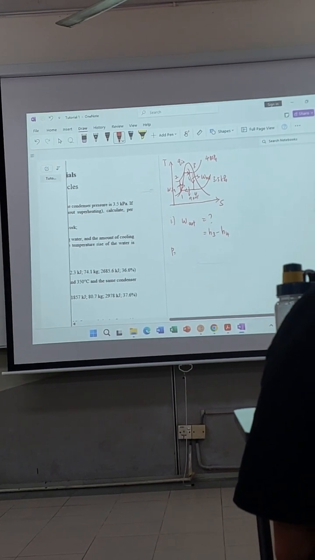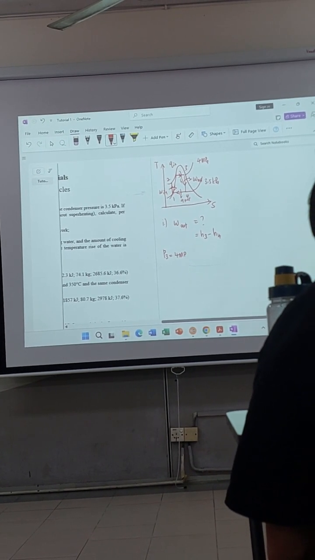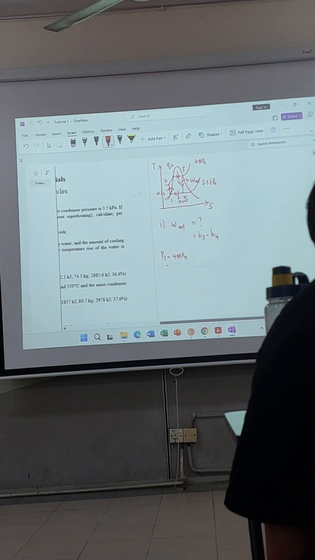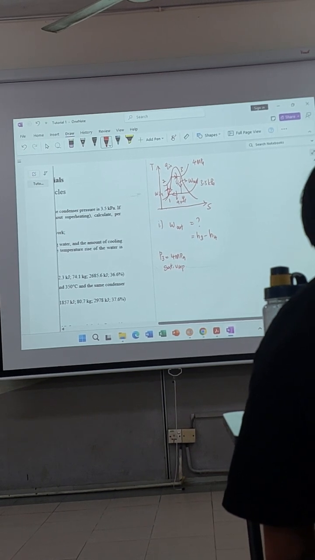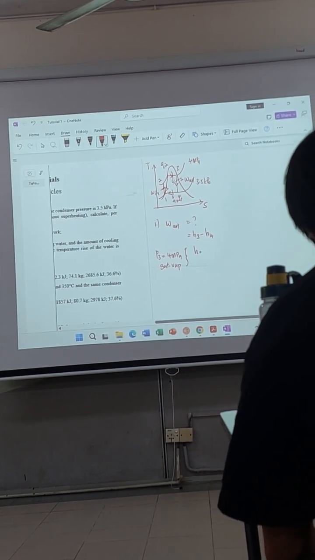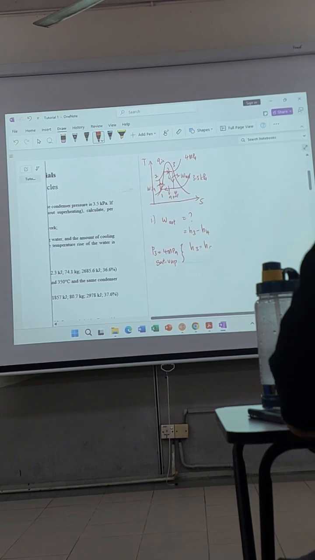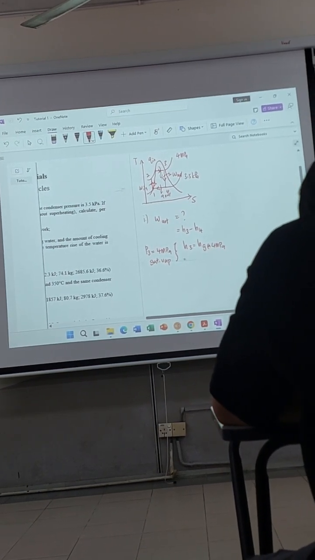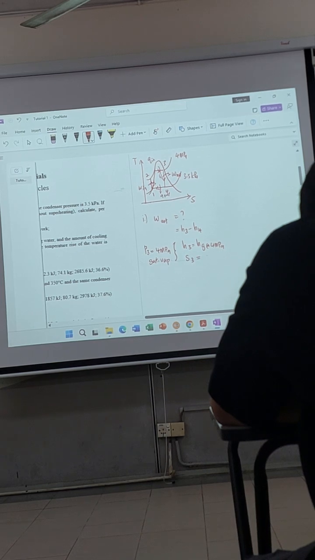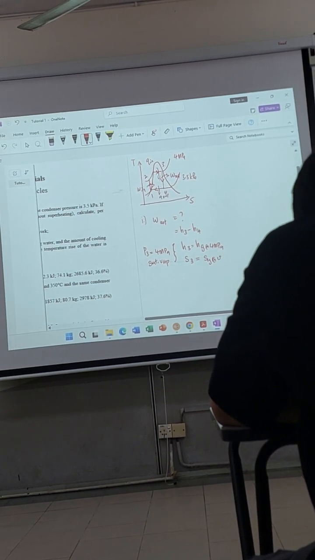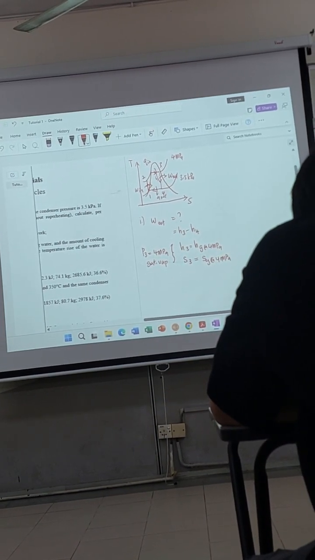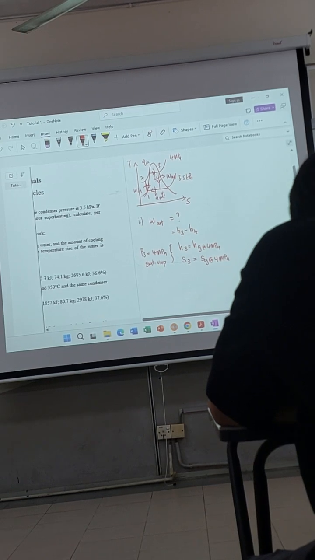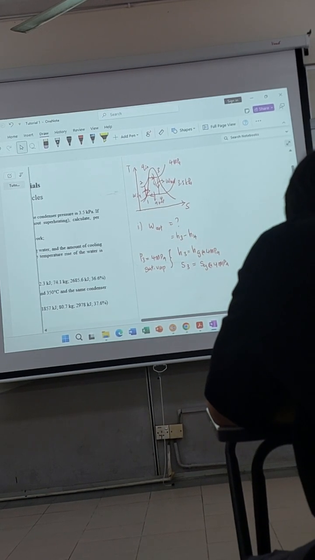So you know that P3 is 4 megapascal. So dry saturated vapor. So H here will be H3. And then of course you need S3. So once you have this, you move to state 4.